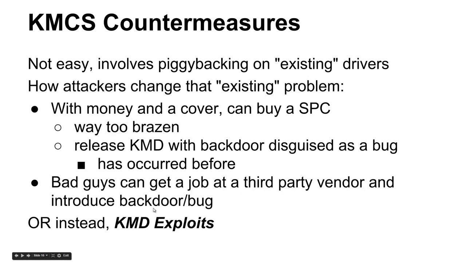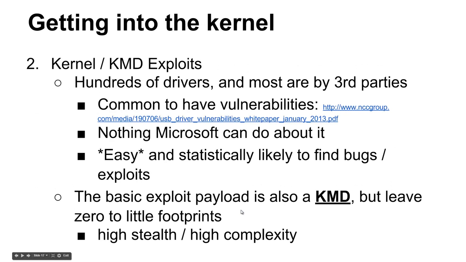This slide is redundant because I already talked to it all. The way to piggyback on existing kernel mode drivers is by kernel mode driver exploits: finding vulnerabilities in one of the hundreds of drivers used by the Windows kernel. Most of them are by third parties, and it is very, very common for them to have vulnerabilities. There's nothing Microsoft does or can do about these vulnerabilities and developing an exploit for them.